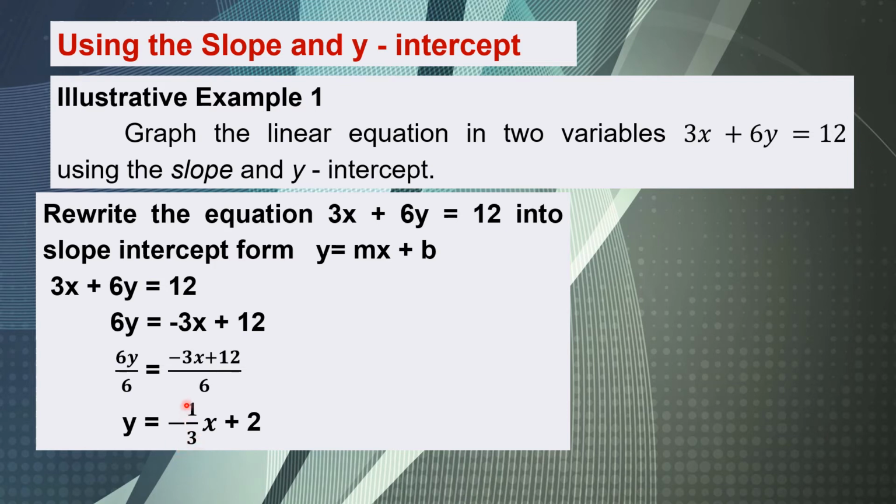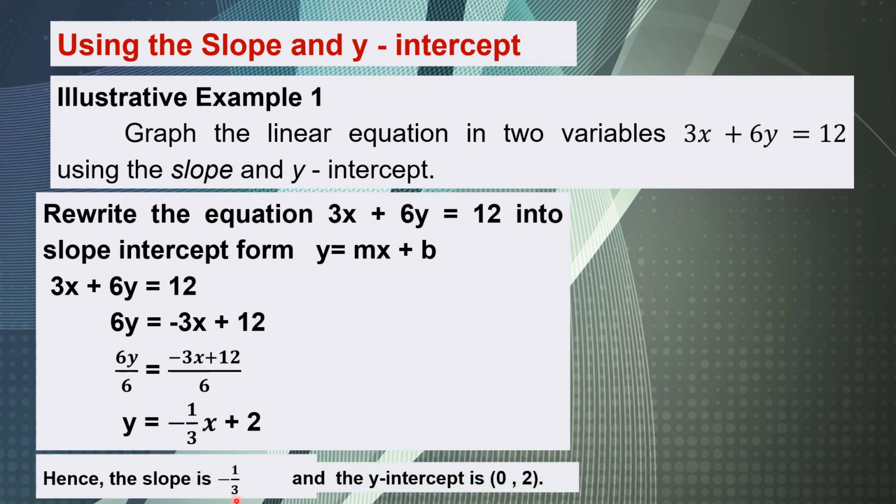Thus, our m here, our slope, is negative 1/3. And the y-intercept is (0, 2). Tandaan na yung b dito, yung b natin which is 2, is our y-intercept.